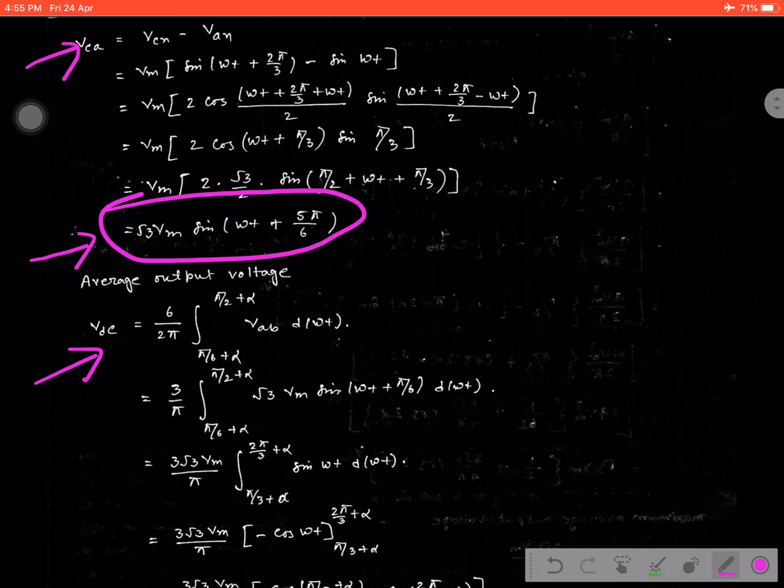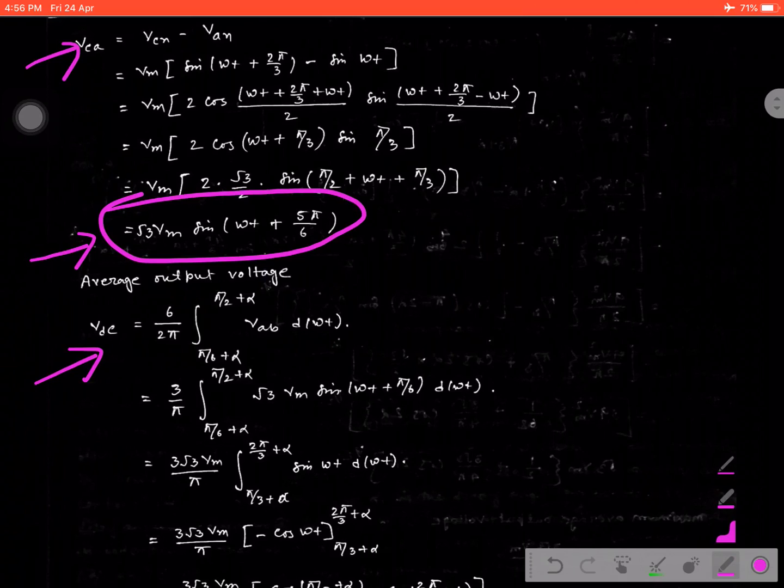Similarly, we can write the expression VDC equal to 6 number of peaks, that is 6 by the total complete cycle, 6 by 2 pi, integration of the particular peak that we have taken here, that is VAB. This peak is confined between the region pi by 6 plus alpha to pi by 2 plus alpha, as I have discussed before.